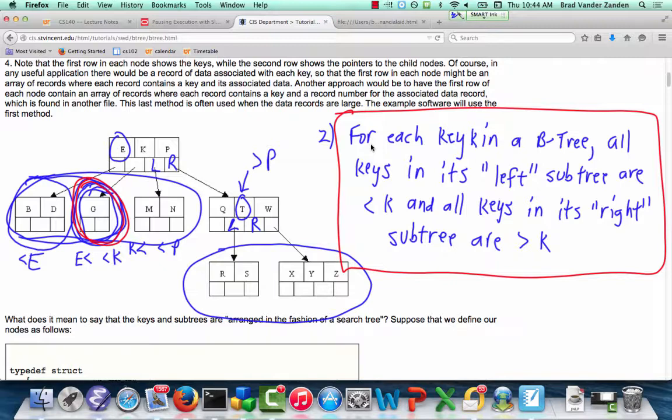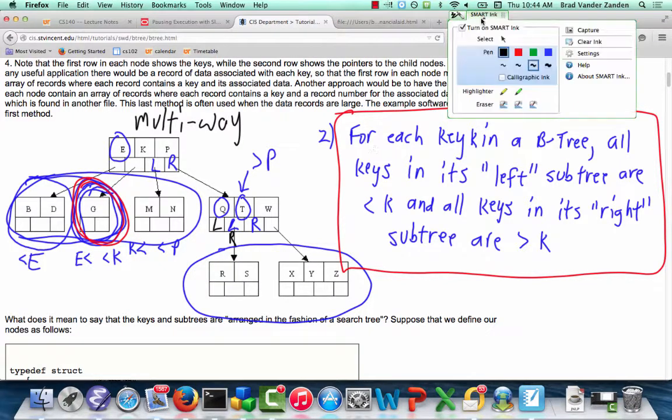If you look at Q, this tree is like its L and this tree is like its R. It has no left subtree in this case. Again, this is what's called a multi-way tree.